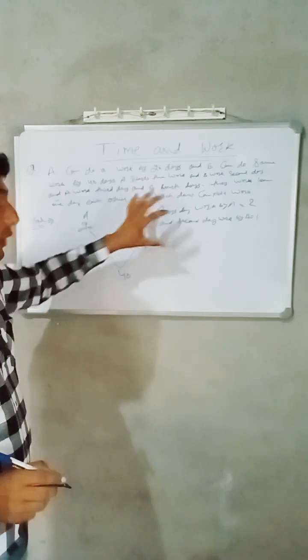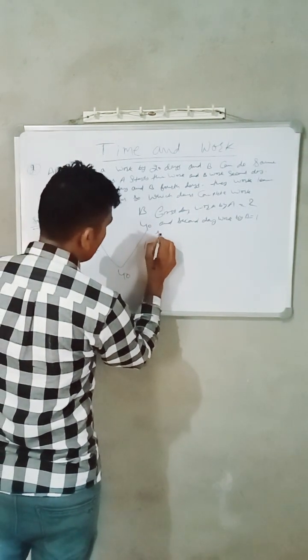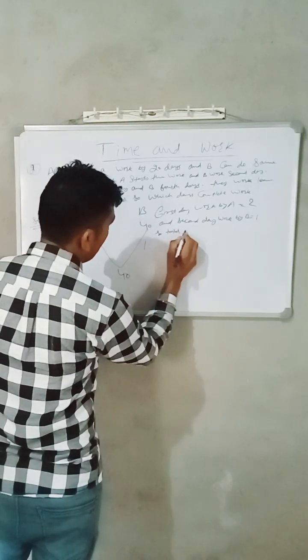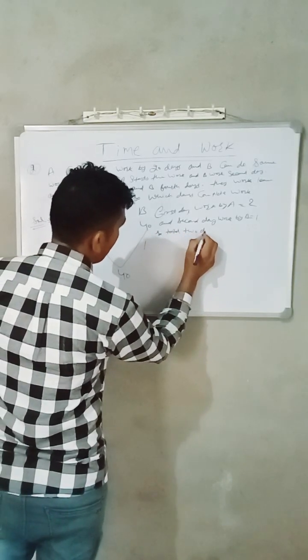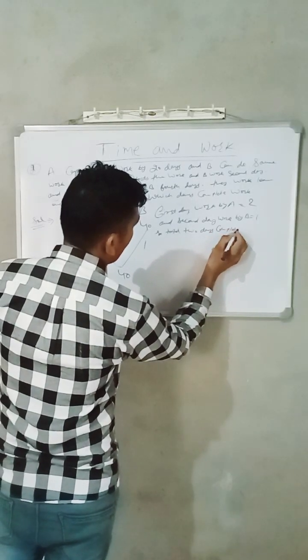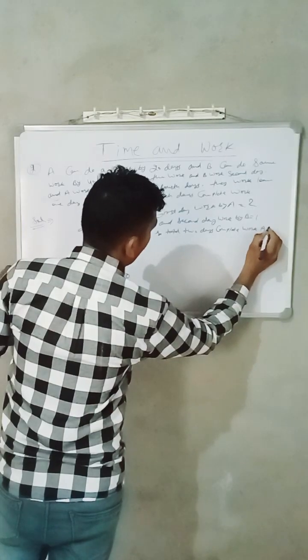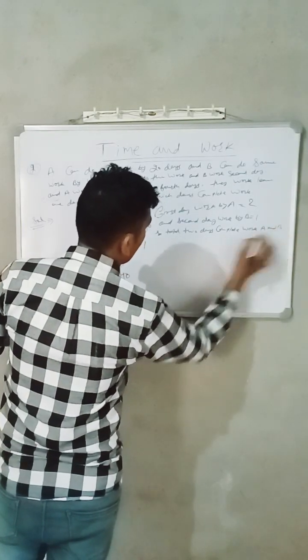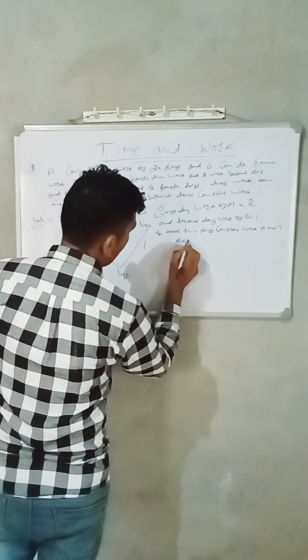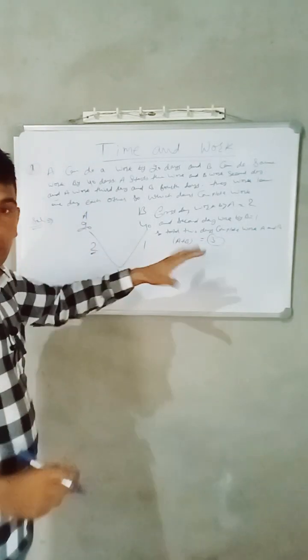So in total 2 days complete 3 work, A plus B is equal to 3. Total 2 days work is 3.